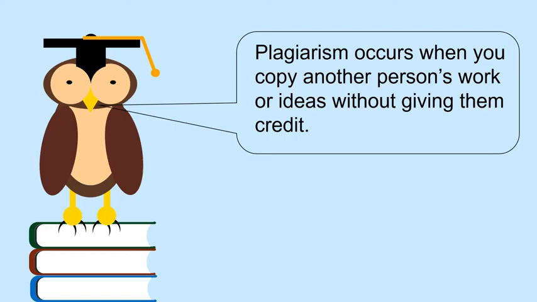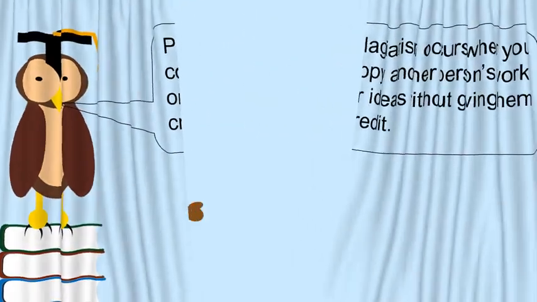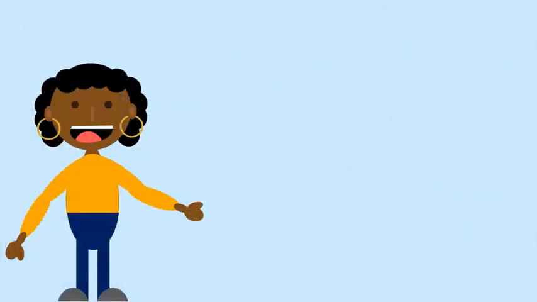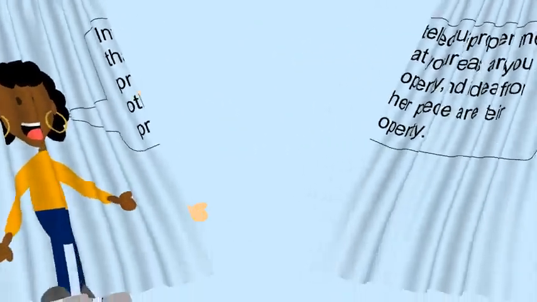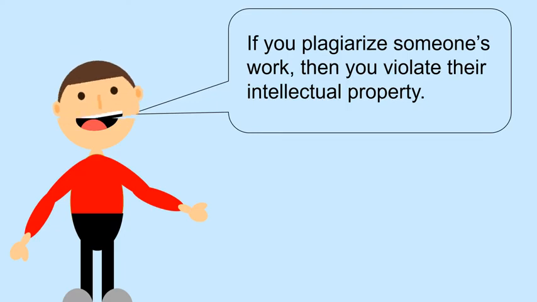Plagiarism occurs when you copy another person's work or ideas without giving them credit. Intellectual property means that your ideas are your property and ideas from other people are their property. If you plagiarize someone's work, then you violate their intellectual property.